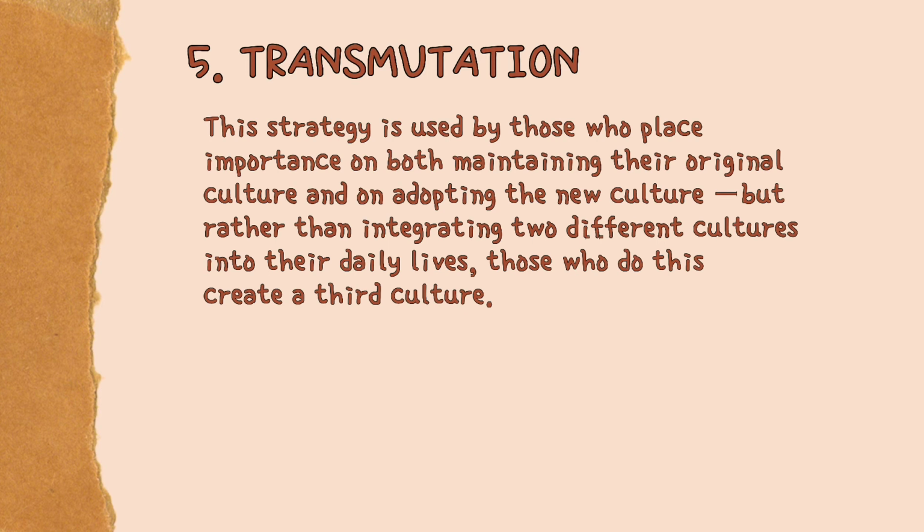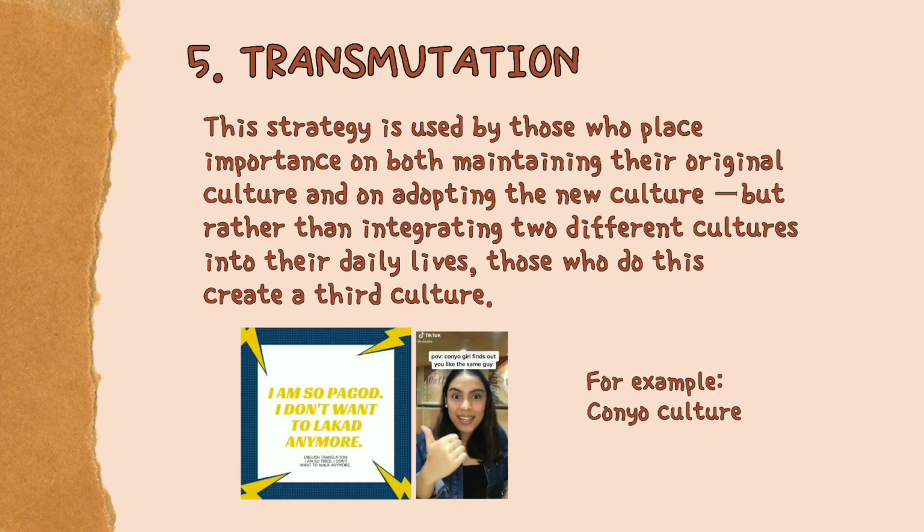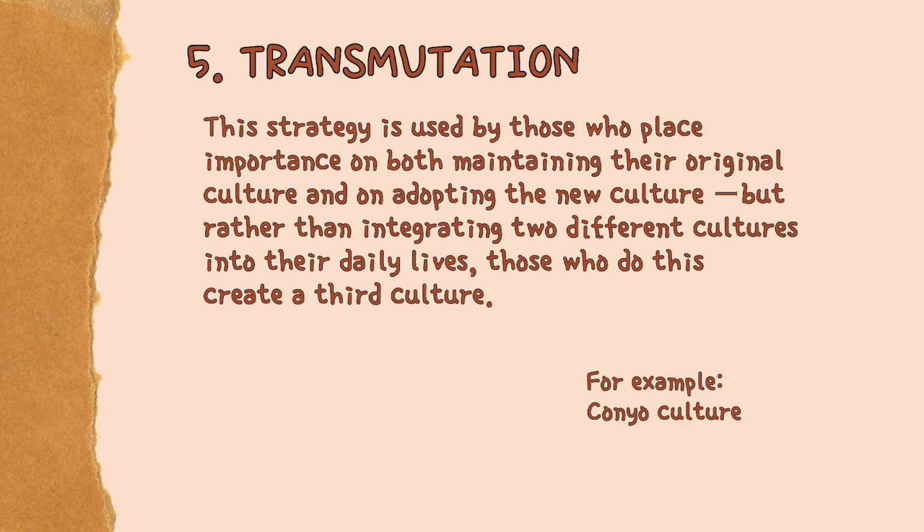This strategy is used by those who place importance on both maintaining their original culture and on adopting the new culture, but rather than integrating 2 different cultures into their daily lives, those who do this create a 3rd culture. For example, Conyo culture. Conyo culture refers to a language where people speak a mixed language of Tagalog and English, or Taglish, in a fussy way.